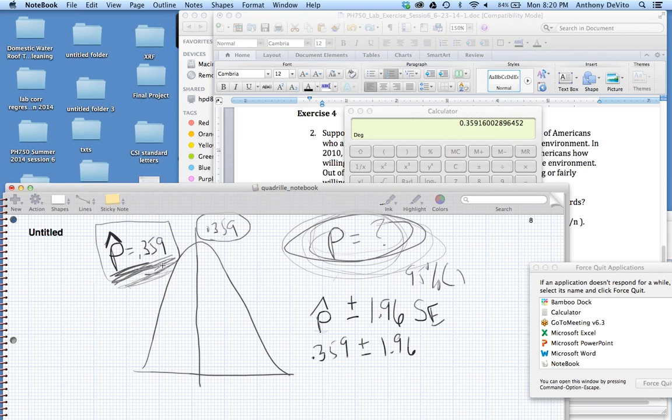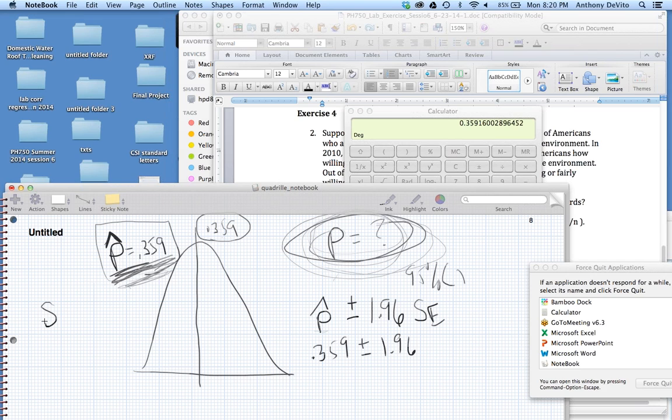That's a proportion. Vote this way, vote that way. Or if I sample 100 people, what proportion of them are male? What proportion are female? It's not really the kind of number that I was used to dealing with before for a standard error.